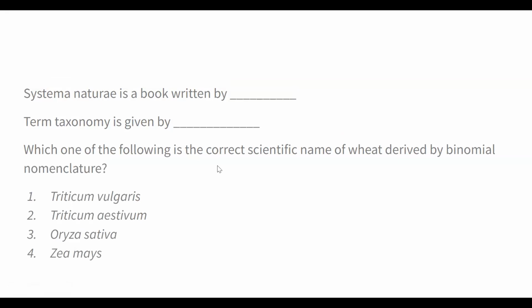Which of the following is the correct scientific name of wheat? वो table में है ना wheat का scientific name? Okay, Sylvie, correct. So Triticum aestivum is the name, option 2 is the answer.